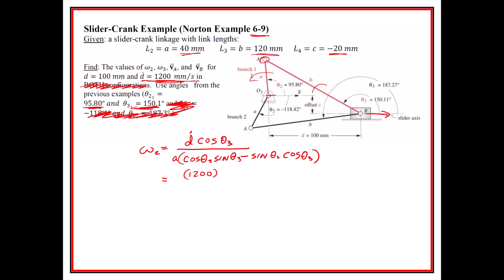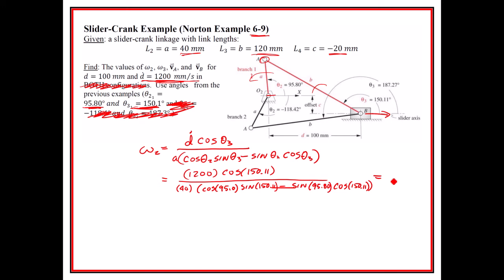That's what VB is, and that's going to be the cosine of 150.11, divided by 40 times the cosine of 95.8 times the sine of 150.11, minus the sine of 95.80 times the cosine of 150.11.